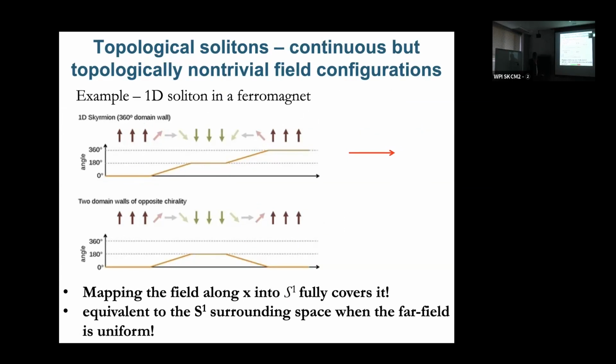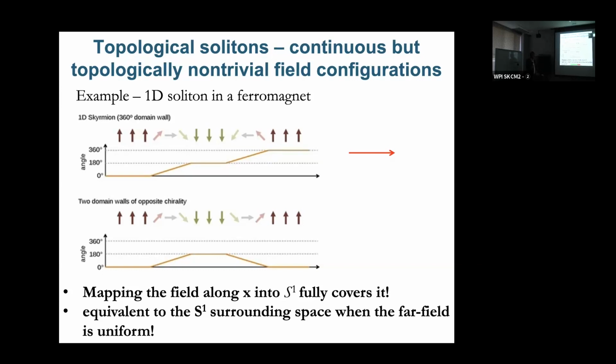So up to now, we discussed singular defects, and they had some form of discontinuity in the ordered structure, either in terms of orientations or positions, yet we can have topologically non-trivial solitonic field configurations where the field is everywhere continuous, yet it's topologically non-trivial.